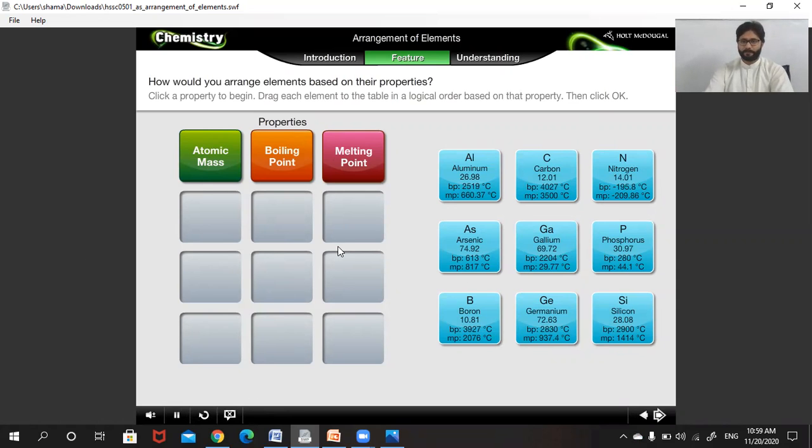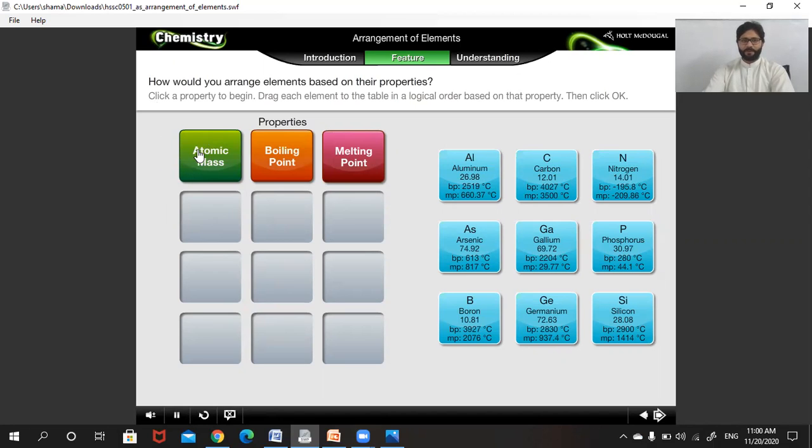Your challenge is to organize elements by their properties. What patterns do you think you'll find? Click a property to start. Then drag elements to the table so that they are in a logical order based on that property. Values for each property should be arranged continuously across rows. Click OK to check your answers.